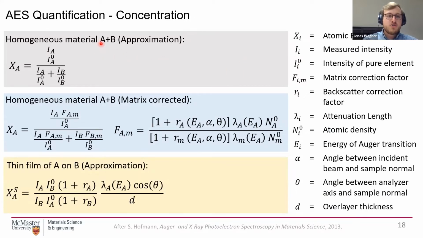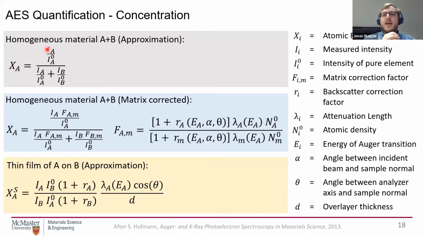For a homogeneous material, A and B, we can make a very first order approximation. How do we get the atomic concentration, or the atomic fraction, of our element of interest? Well, we measure the intensity.